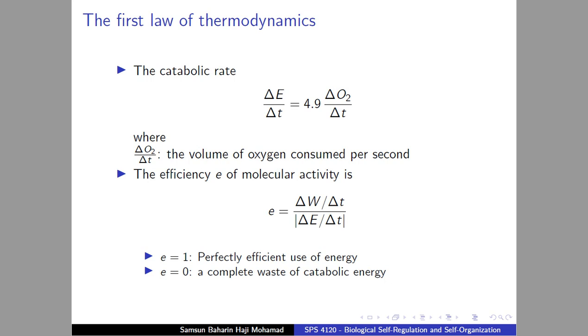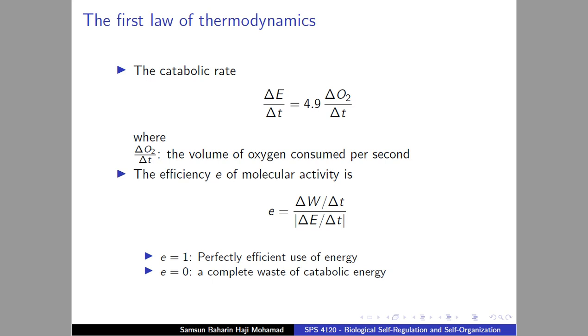The catabolic rate, delta E over delta T, equals 4.9 times delta oxygen over delta T, which is the oxygen consumed per second. Waktu kita berehat kurang oksigen, waktu kita berlari kita akan guna banyak oksigen.